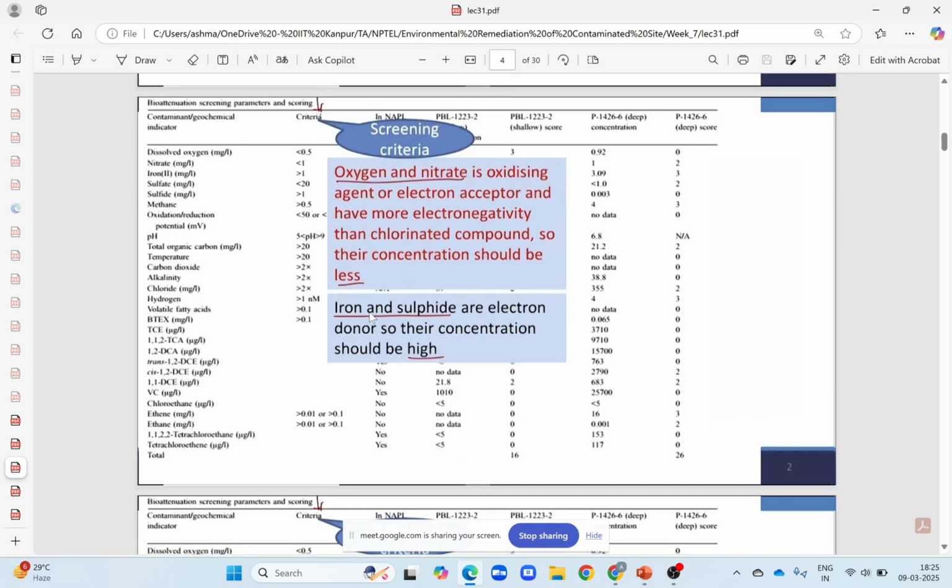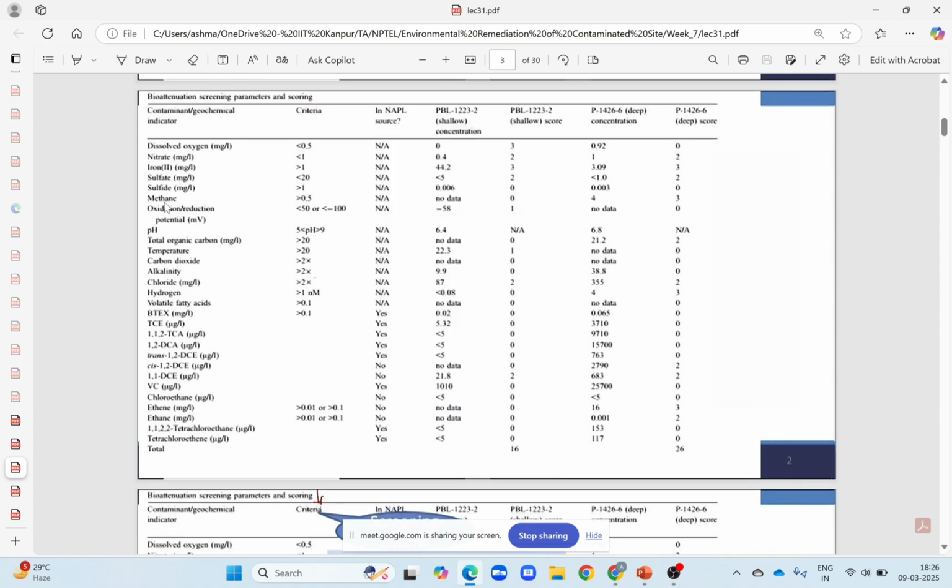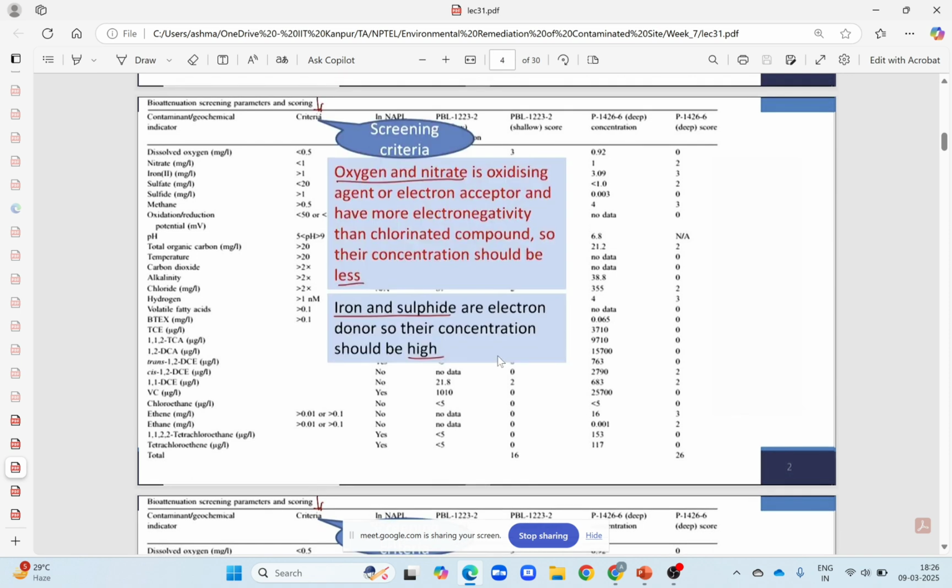In the system, iron and sulfide will act as electron donors, so their concentration should be high. Here we can see that the concentration of iron is high, quite high in the deeper and shallow aquifers, so a score was given based on that. Although the concentration of sulfide is very low in the aquifer, we have one of the electron donors, that is iron.